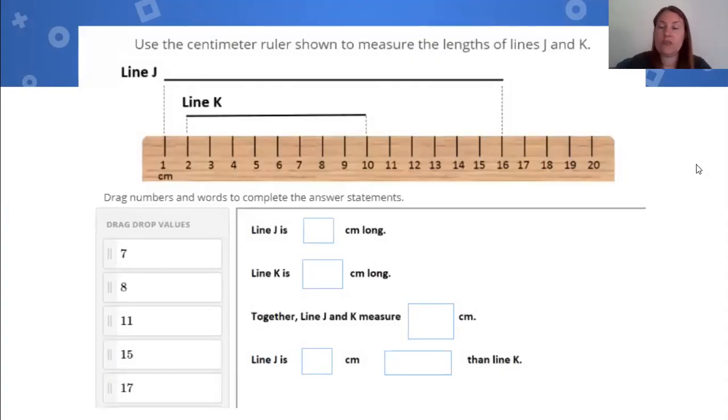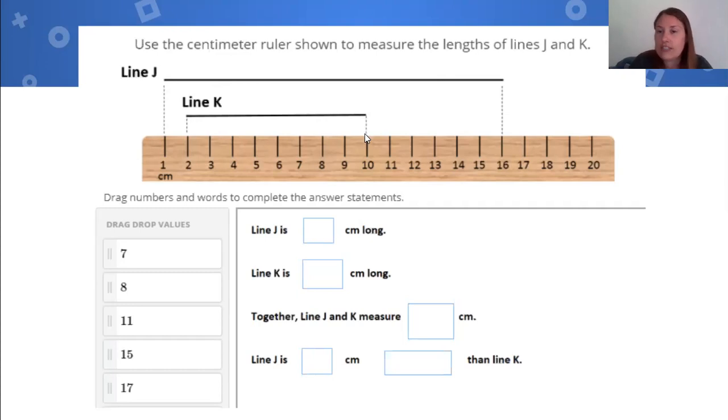Last one I wanted to talk to you about is that ruler question that can seem really tricky. Just pay attention to the lines. Miss Daly talked a lot about, oh, well, it ends at 16, so it must be 16 centimeters. But then she said, don't get tricked. You have to go back and see, where does it start? Okay, where does the line start?